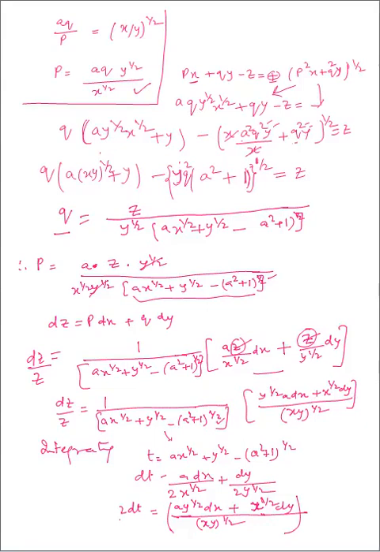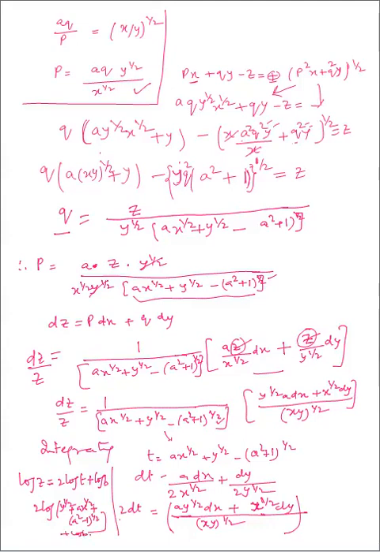So we get log z is equal to 2 log t plus log b. So this is 2 log of y to the power half plus a x to the power half minus a square plus 1 to the power half, plus log b.